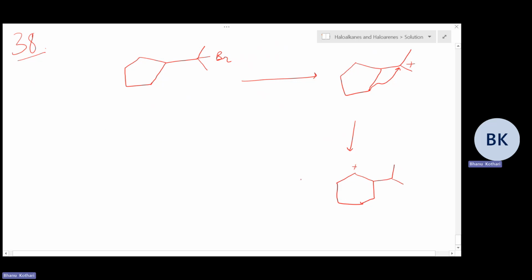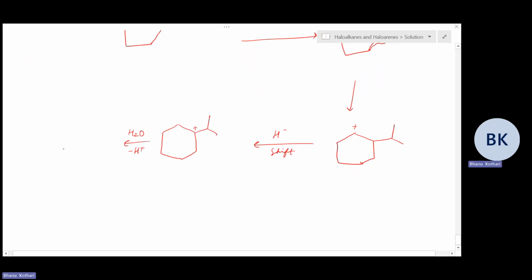It will further rearrange by hydride shift. This 3-degree carbocation will be formed, and now water will attack. If we remove the H plus in the same step, then we can see that the product will be this one.